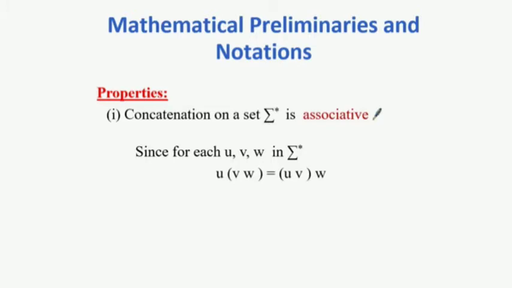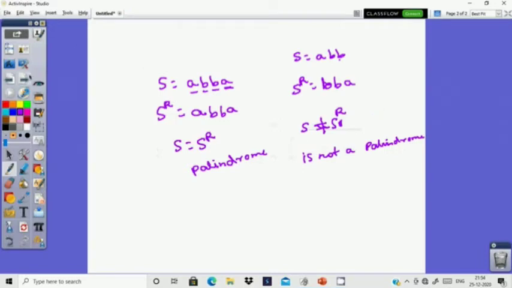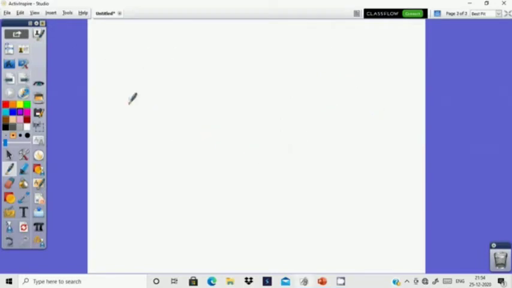Now I will tell you with an example. How to prove that it is associative? Say u is equal to a, v is equal to b, and w is equal to c. Now I have taken three different strings.